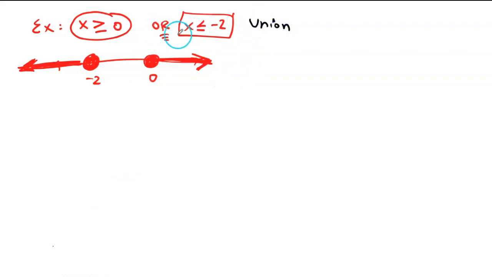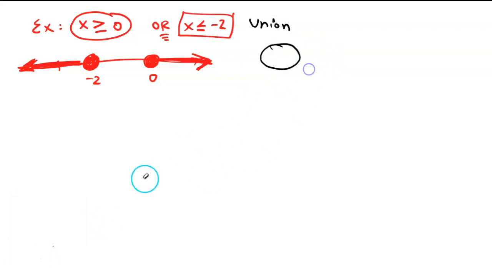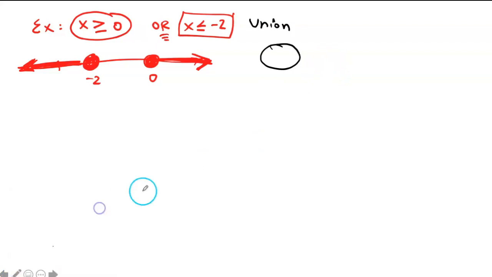Okay, when I'm doing OR, it is the union. When you did this in different classes, I don't know if this would happen in elementary school or middle school or high school, to tell the truth. When you did these sets, let's pretend that this is A and this is B. For union, this is A, the whole circle on the left, and the whole circle on the right is B. You notice that we have something that is intersecting here, and this is the piece that we'll use for AND.